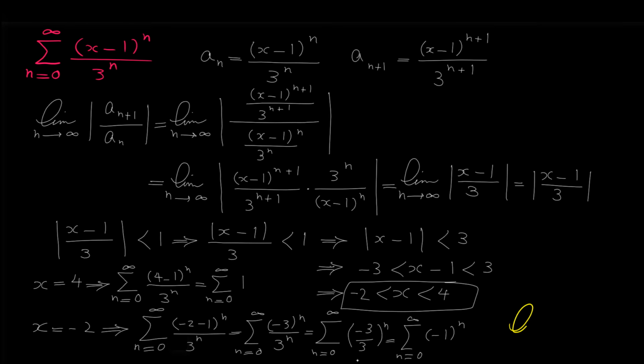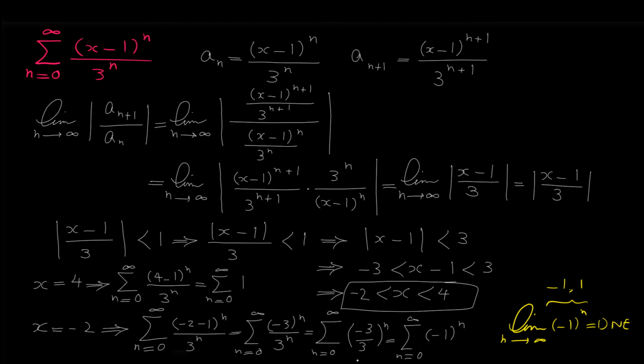Note that the limit of (-1) to the n as n approaches infinity does not exist, because (-1) to the n alternately becomes -1, 1, -1, 1, and so on. And so this limit does not exist.